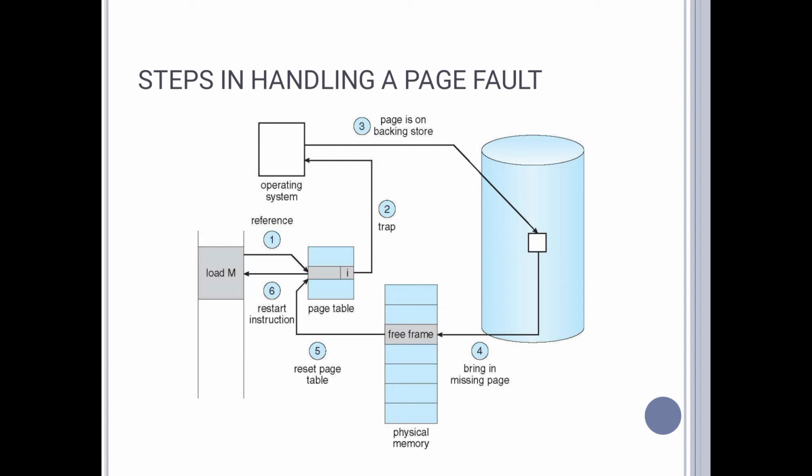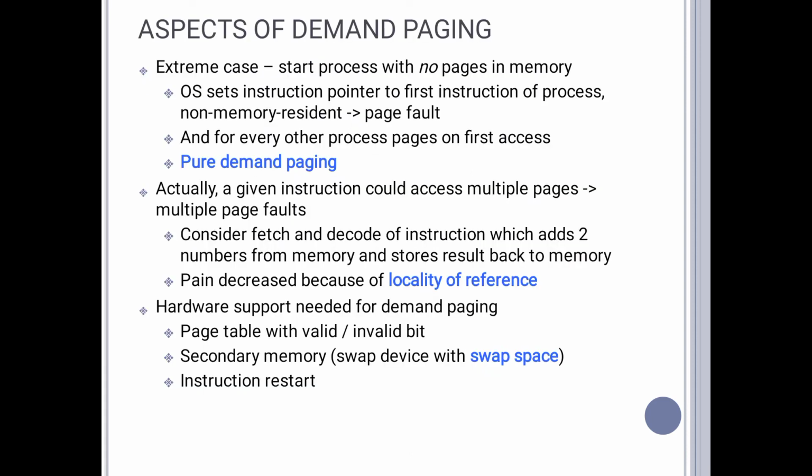In the extreme case, we can start executing a process with no pages in memory. When the operating system sets the instruction pointer to the first instruction of the process, which is on a non-memory-resident page, we have to bring it into memory.